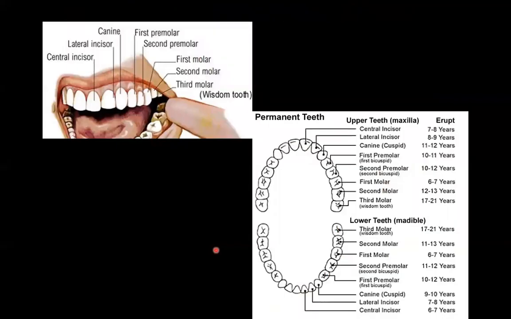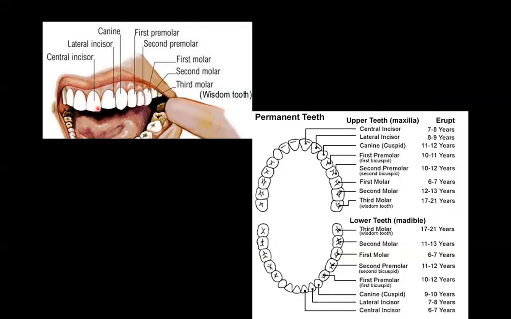Part of the mechanical digestion that takes place within the oral cavity is due to the action of the teeth. In adults, there are 32 teeth, and they're typically paired structures, and they're called different names according to how many cusps they have. A cusp is a raised point on the crown of the tooth.